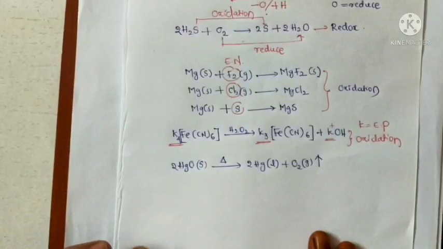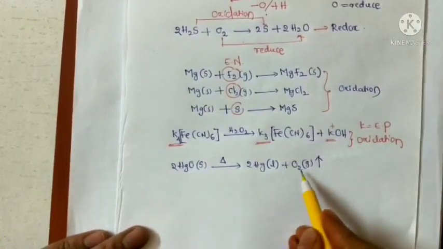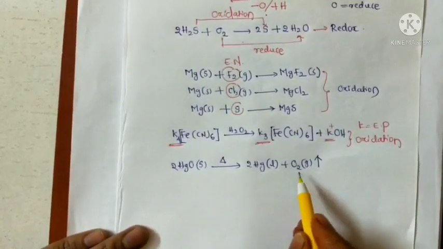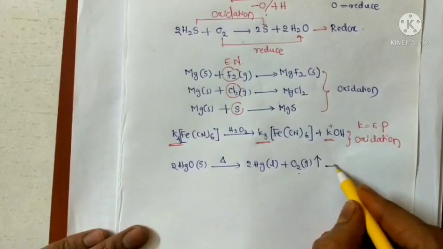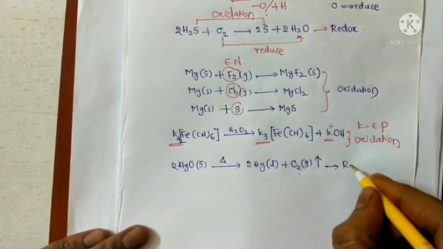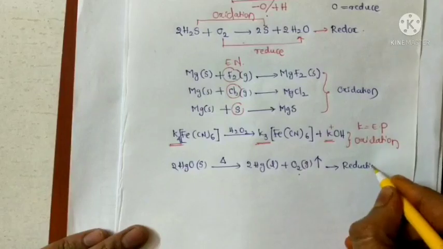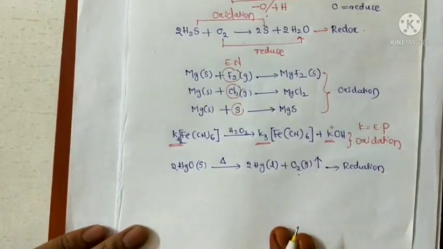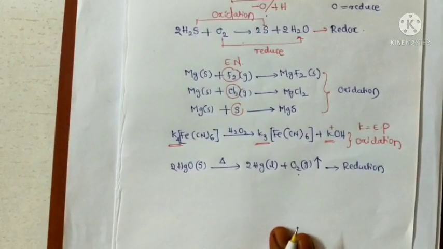So we know that removal of oxygen is called reduction. So this reaction is an example for the reduction reaction.